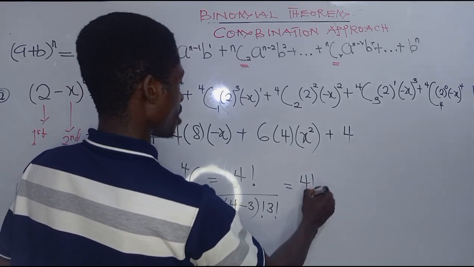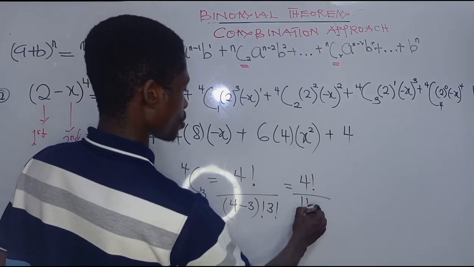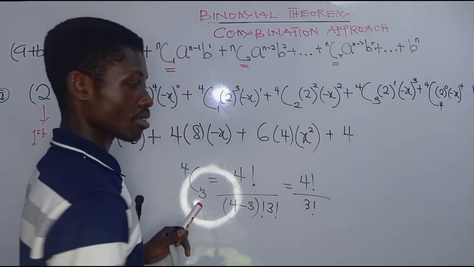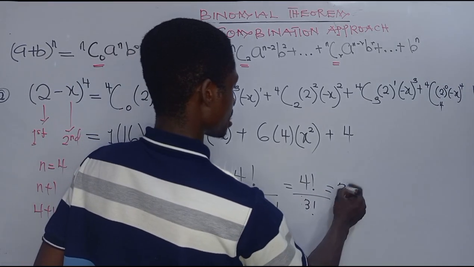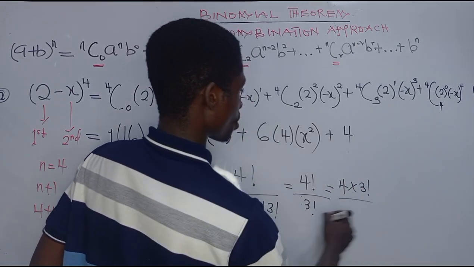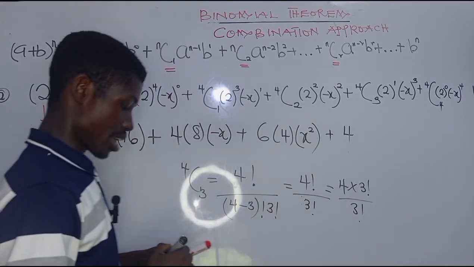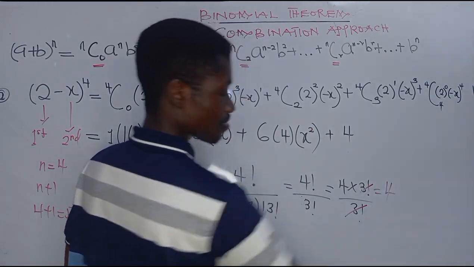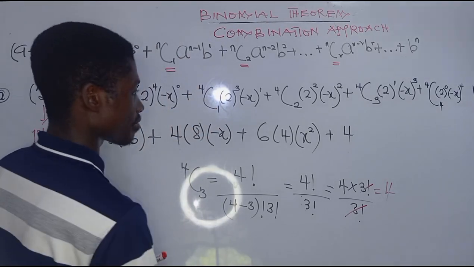So this will give us 4 factorial all over 1 factorial, which is the same as 1. So we are left with 3 factorial. So 4 factorial is the same as 4 times 3 factorial all over 3 factorial. So you realize that this and that will go, we are left with 4. Very, very easy. That is the coefficient.